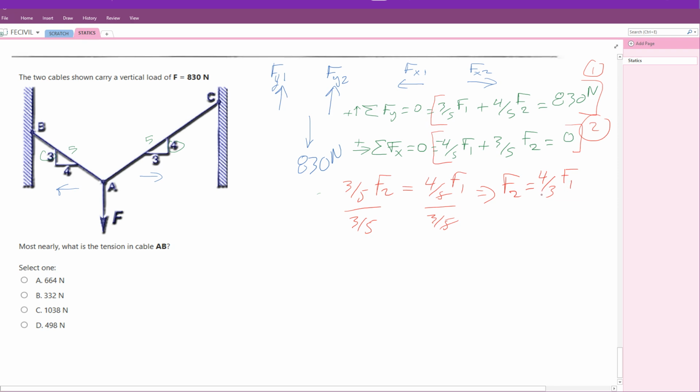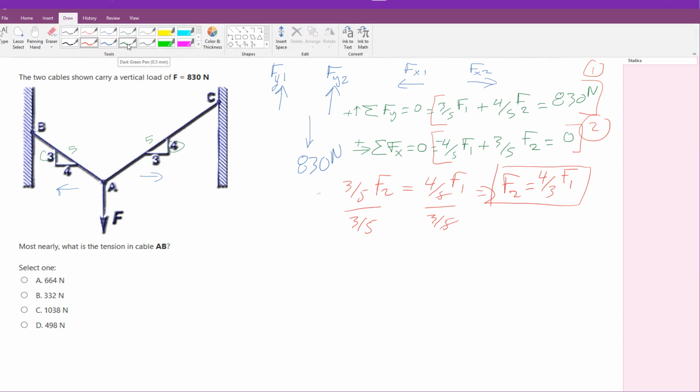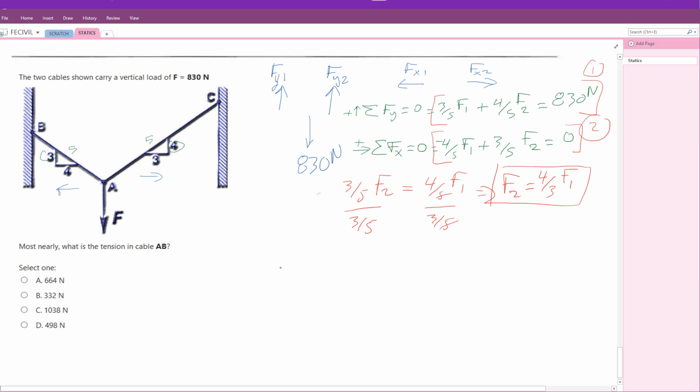So F2 is equal to 4 over 3 F1. I will use this to substitute into the first equation so I can solve for just F1 to save time. I'm going to use a green one.